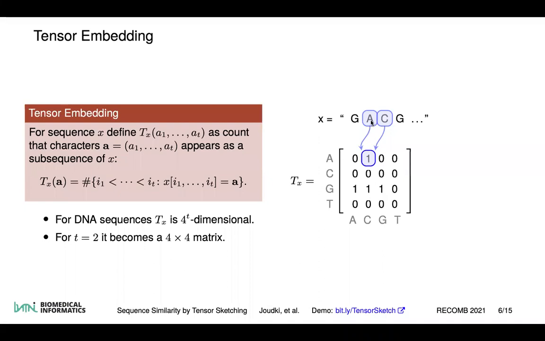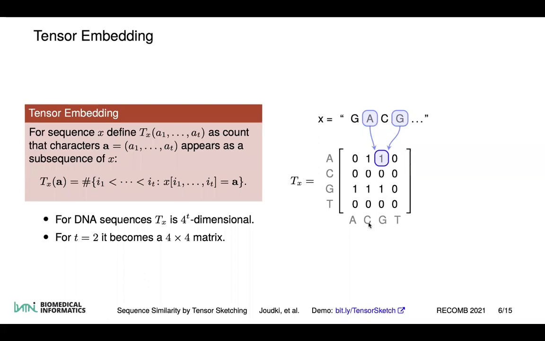The first one determines the row, and the second determines the column. And to contrast this with the k-mer approach, where the substring, for instance, would have to be contiguous, here we're allowing it to have many gaps, basically an arbitrary number of gaps.